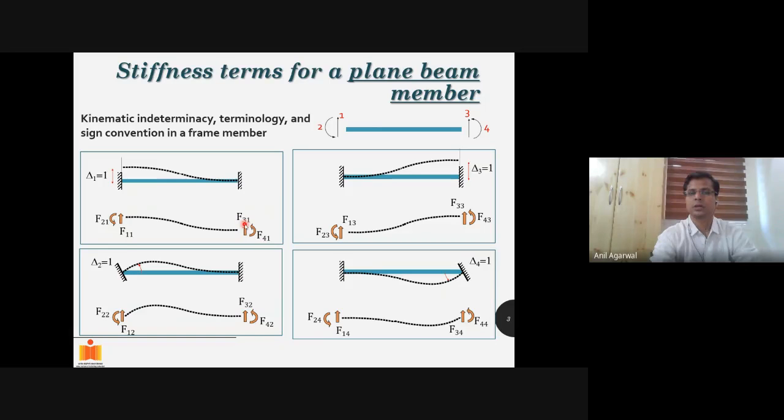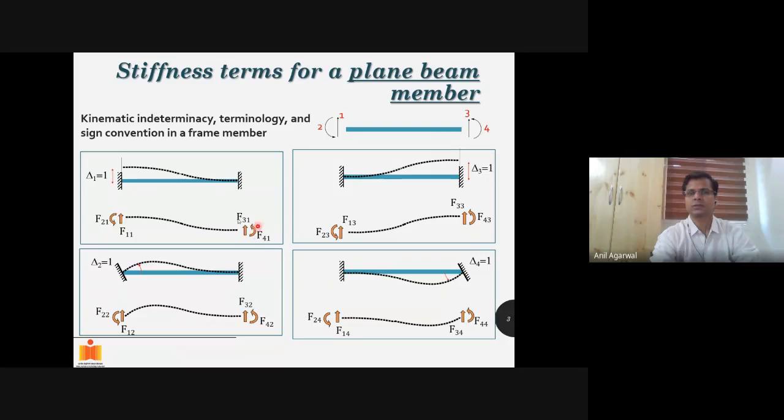The subscript: the first letter in the subscript corresponds to the force degree of freedom, and the second one corresponds to the displacement degree of freedom. Since we are applying unit displacement in the first degree of freedom, the second subscript is always 1. The first subscript corresponds to the degree of freedom in which we are talking about the force.